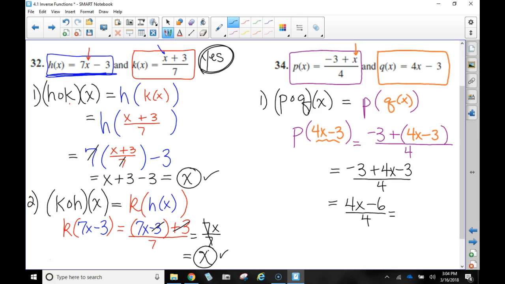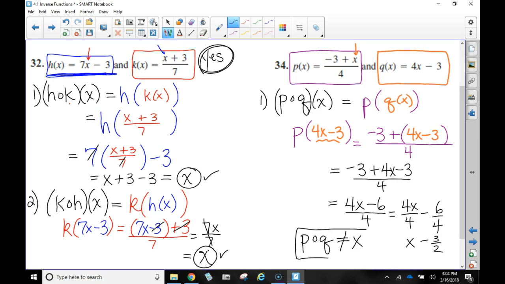Even if I would go along to split this fraction and write it as 4x over 4 minus 6 over 4, what I'm getting for P composition Q is not x, right? It's actually equal to x minus 3/2, okay?